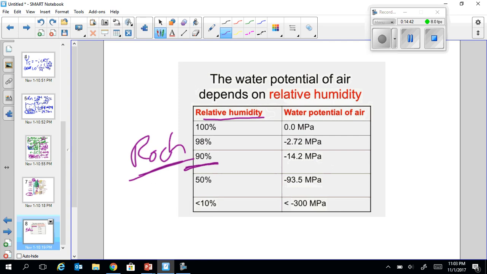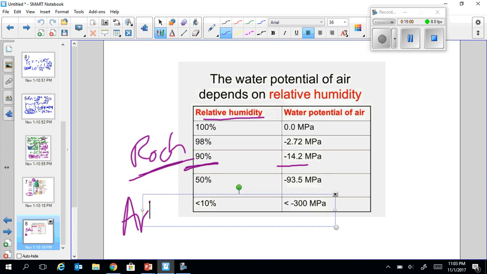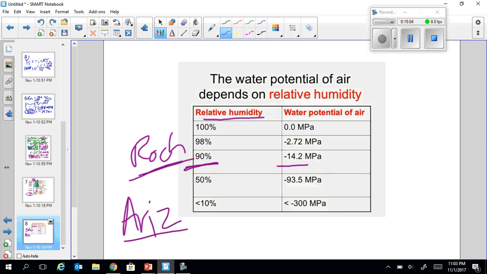So when there's a lot of water in the air, the water potential tends to be a pretty high value relatively. So it's much lower than any part inside of a plant, but it's higher than you would expect. And when you think of a place like Arizona, I don't know if you've been to Arizona, but Arizona is a place where the air is so dry.